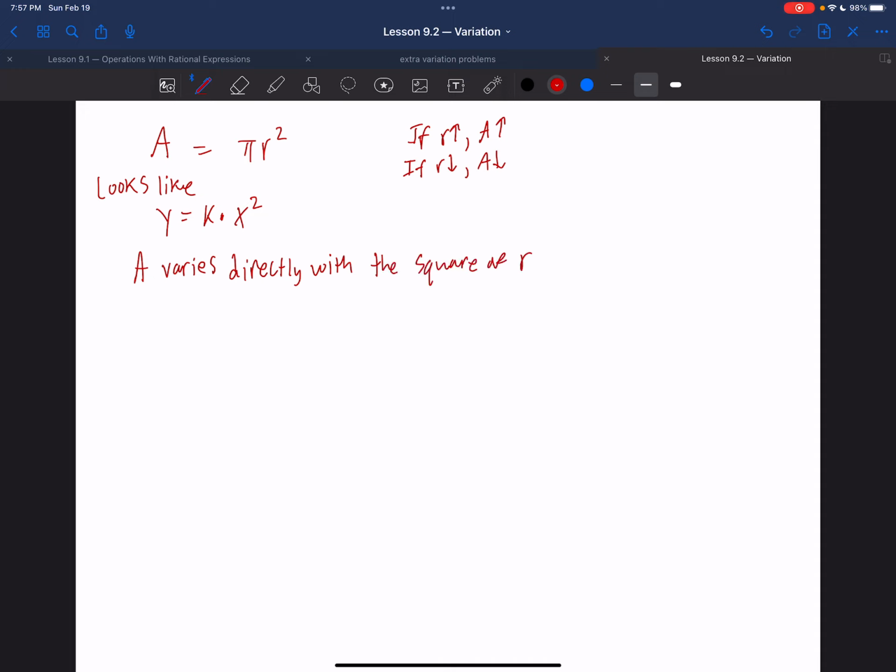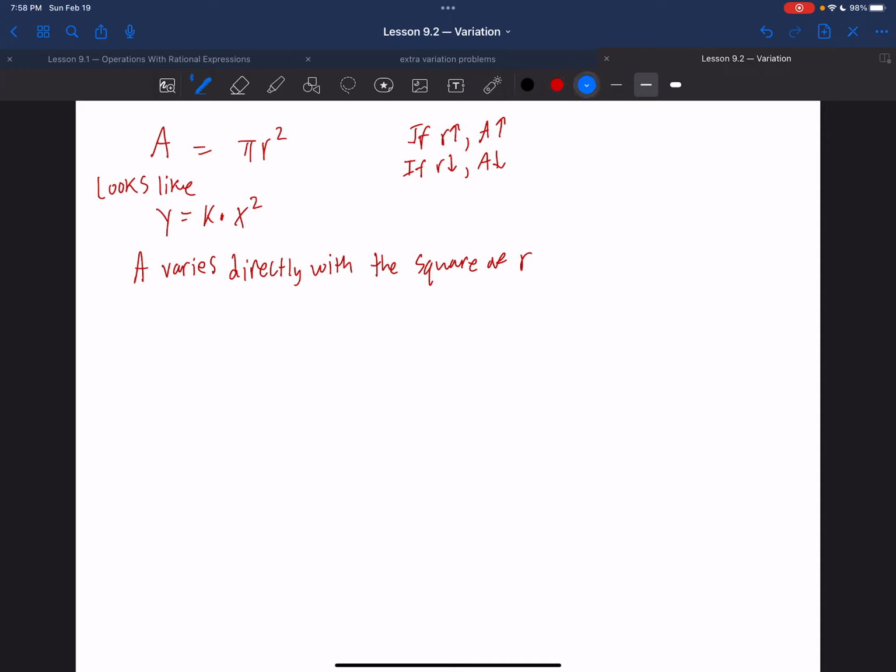Now look, if you write r squared, I understand what you mean, but a lot of textbooks and videos and college professors are just going to say the square of r, so I'm going to conform and say that. It's the same thing as saying r squared. And if you want to be more particular and say that the area varies directly with the square of the radius, then you'd be fine to do that too.